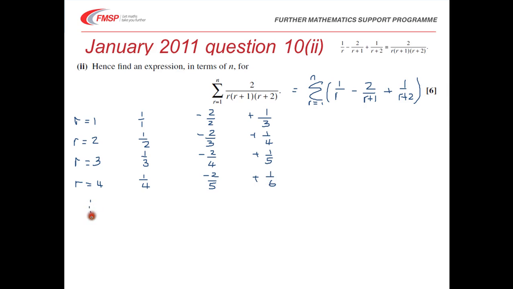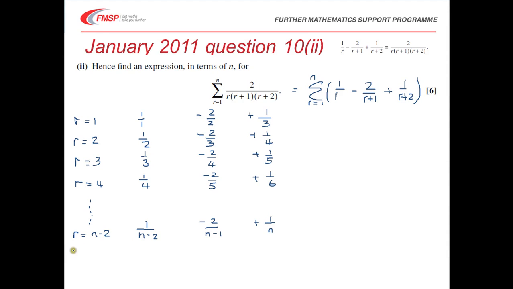So we need to do the first few terms, and then we'll need to look at some of the terms towards the end. So if we take r equals n minus 2, we'd get 1 over n minus 2. We'd get a minus 2 over n minus 1, and a 1 over n, which is positive, so all these are positive.